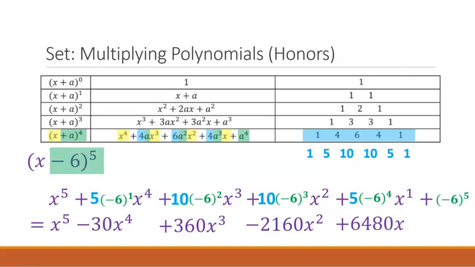And finally, negative 6 to the 5th power will be a negative 7,776. This is the final answer to x minus 6 to the 5th power.